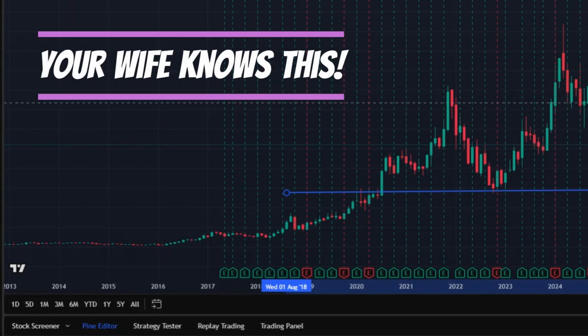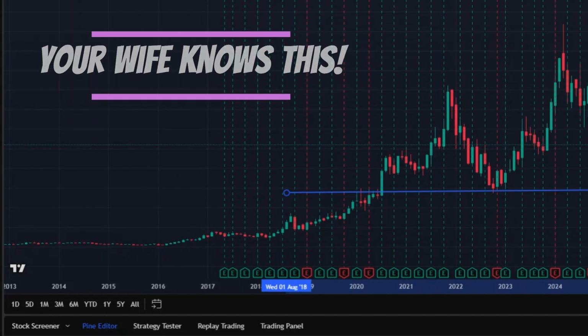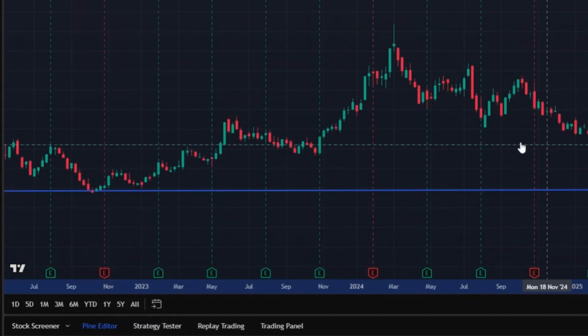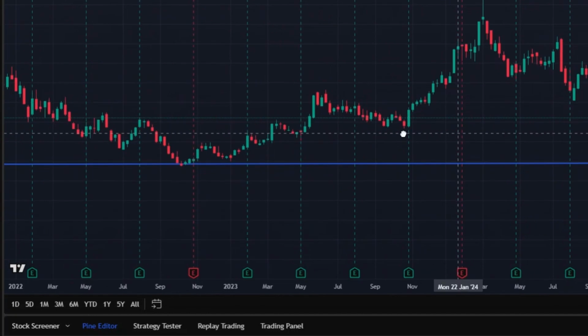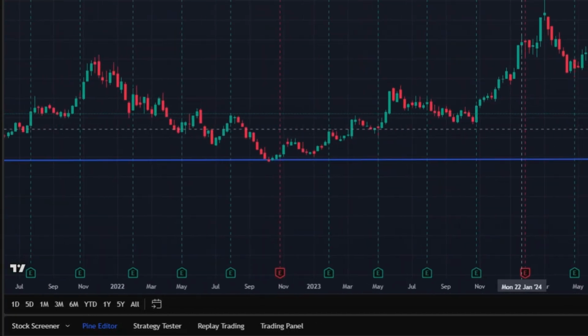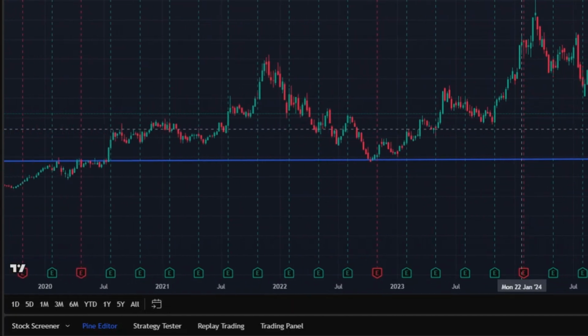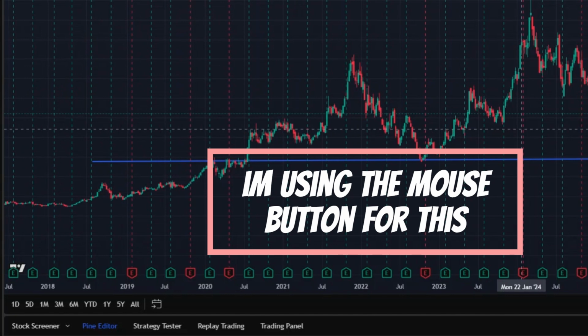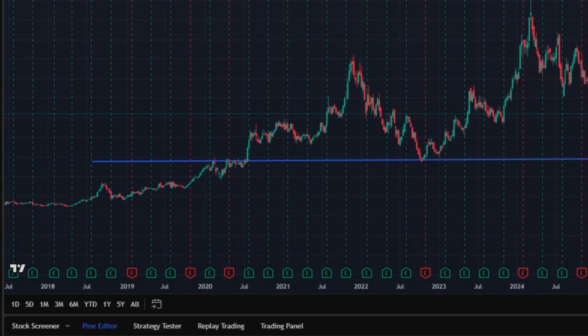Now, what I was saying to my friend is a very good lesson for a lot of you. I'm going to go back to the weekly time frame and take a look at the big picture. I can drag and also make this smaller and bring it in here so that we can see multiple years.